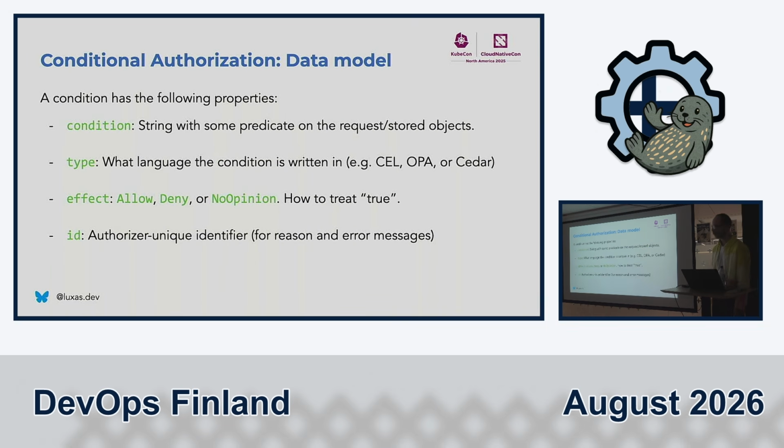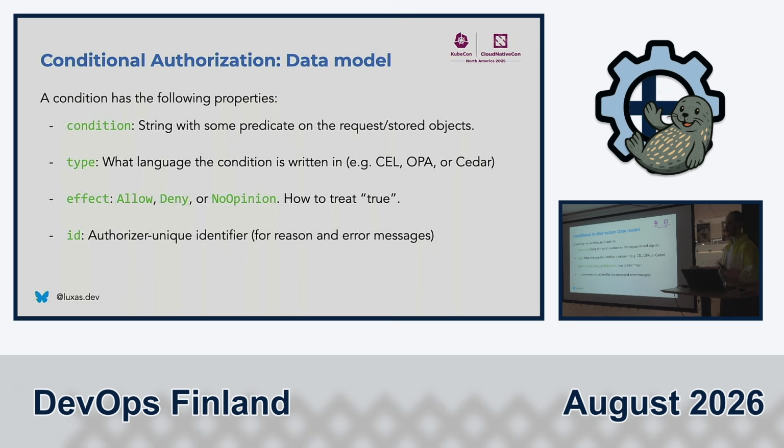Basically, the expression that we saw below turns into a condition, which is basically some opaque string that takes in the request, or the new and the old objects, however available. It may have a specific type, like Common Expression Language, Cedar, Open Policy Agent, or similar, or anything else you assign the meaning to.